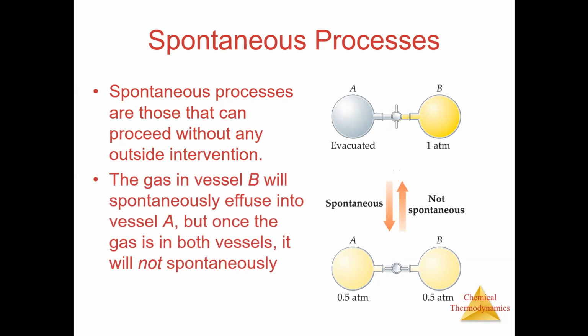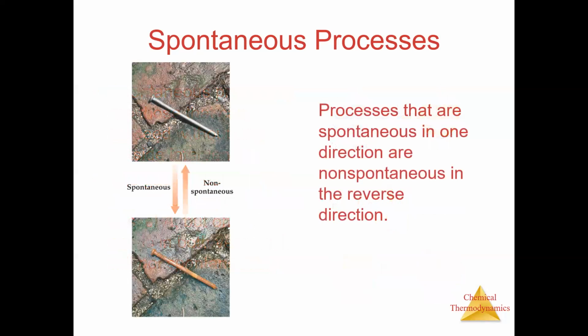So the gas in vessel B will spontaneously effuse into vessel A, but once the gas in both the vessels is the same, it will not spontaneously go back into the other one. Again, one more example: processes that are spontaneous in one direction are non-spontaneous in the reverse direction. Here you can see a fresh iron nail gets rust on its own, but the rust is not removed on its own.